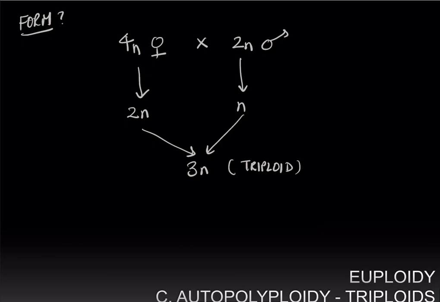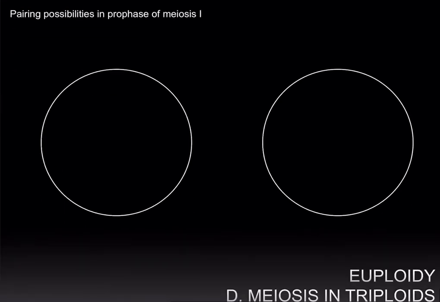Now, as it happens, triploids are usually sterile. And in order to understand why triploids are sterile, let's look at meiosis in triploids. So let's say we are looking at meiosis 1 during prophase.